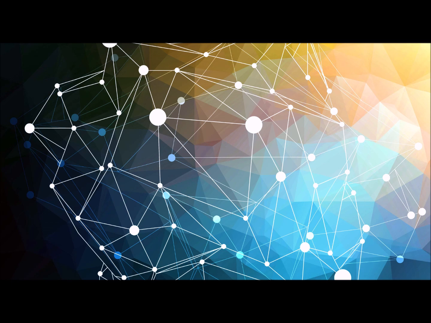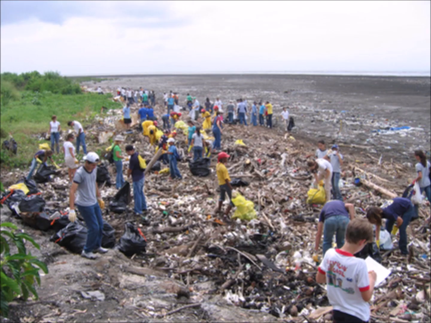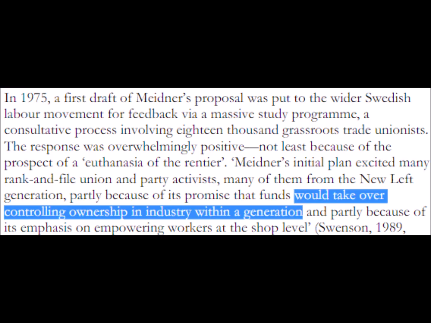The key difference here is that the Meidner Plan did not intend to do this simply by clearing away the debris left by capitalism, as at some point the effort that needs to go into clearing up the debris ends up getting in the way of the profit maximization of private property, and when that happens, it's the debris clearing that gives way, not the private property. Instead, the plan here would be to go directly after corporate ownership, to get workers inside of the machine rather than out of its way.